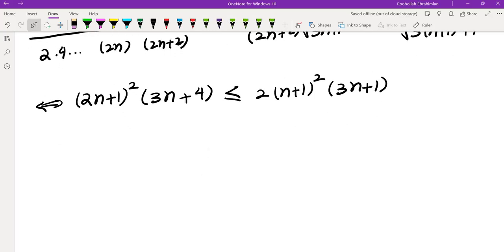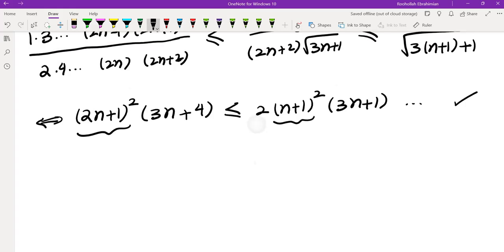Now, I'm going to leave the details out, but after you square this one and multiply it out, you end up getting that the inequality is in fact valid. So after you do all of the computation, you see that this inequality is valid. Therefore, the inequality is going to be proved by induction.